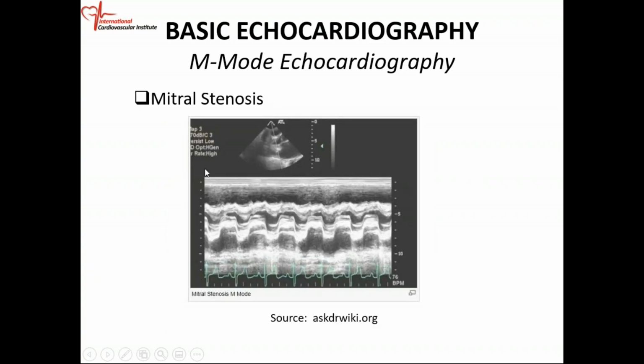Mitral stenosis. So you should be able to identify mitral stenosis. With mitral stenosis, one of the most common causes is rheumatic heart disease. The leaflets are thickened, calcified, and their opening is restricted.